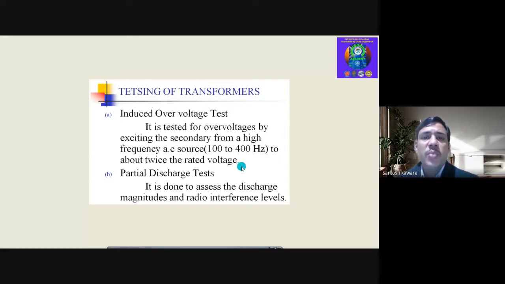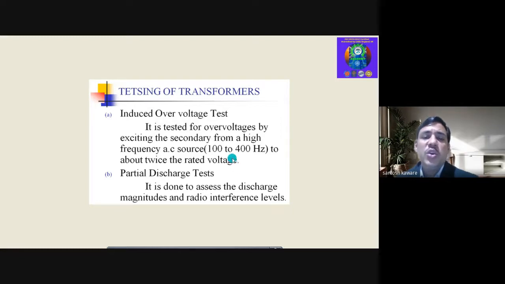And whenever you apply from the secondary, that will definitely produce some voltage in the primary. In this way, you will get induced voltage in the primary.